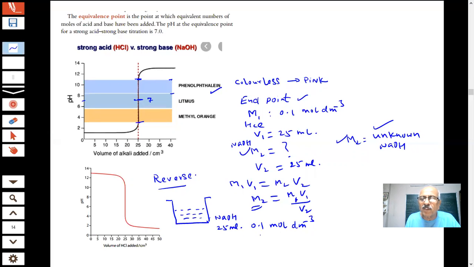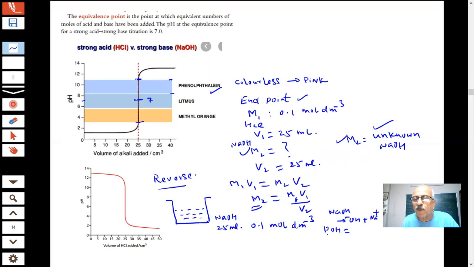What will be the pH of this? NaOH will give me OH minus ions. Okay? I can find the pOH from this 0.1 value.